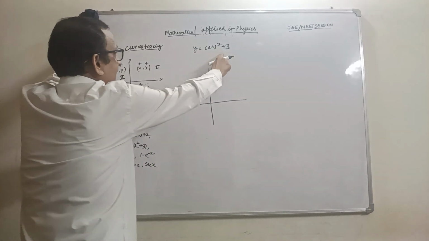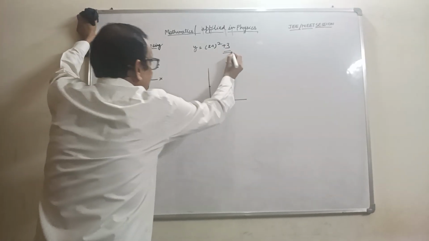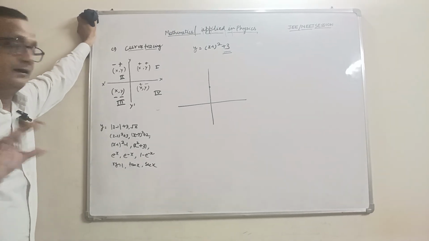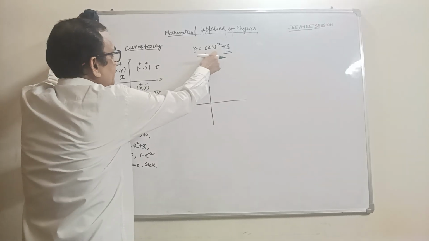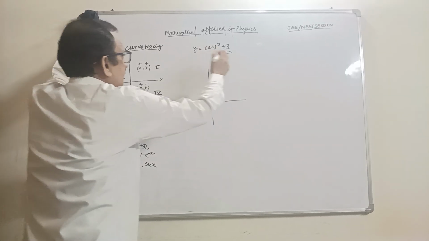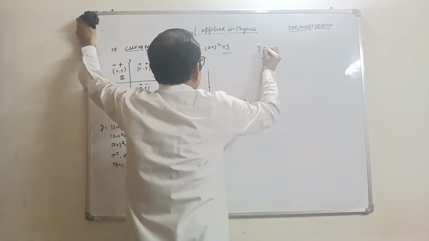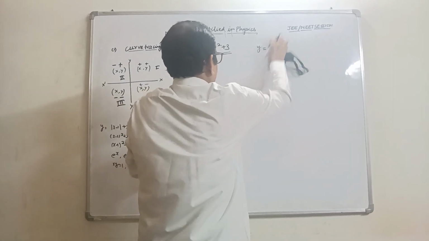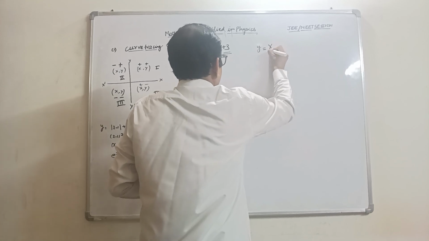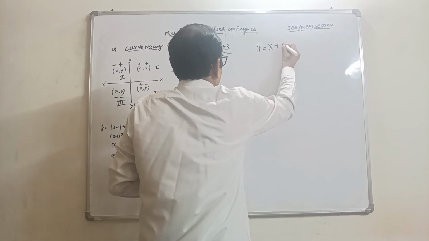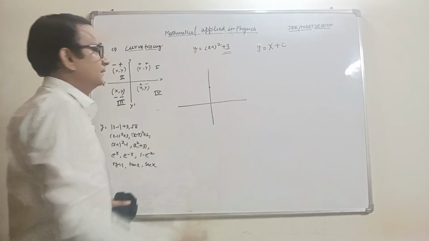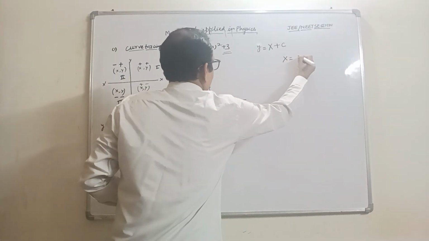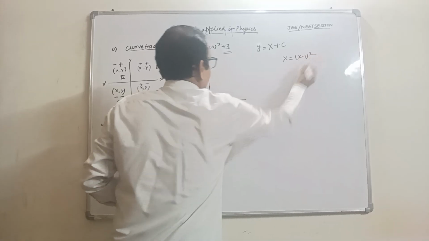This is the intercept of the y-axis. For this parabola, here we see the shifting of the curve. Suppose this is the equation of a line, y is equal to capital X plus c. Capital X is equal to, as given here, x minus 1 whole square.